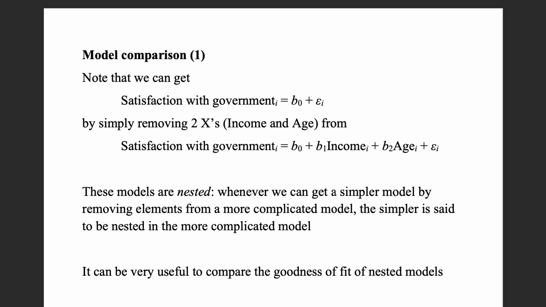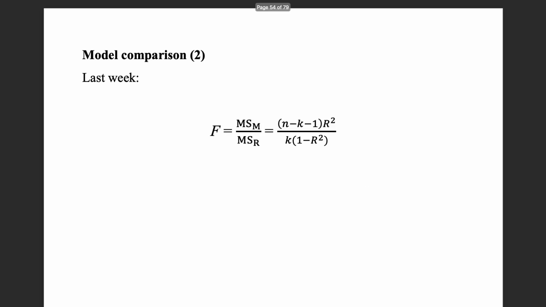And one of the ways we might go about doing that is by looking at the goodness of fit of different models. And then it's useful to know whether the models are nested, because we can then use that to statistically test if a more complicated model is really also better fitting with the data than a more simple but nested version of that same model.